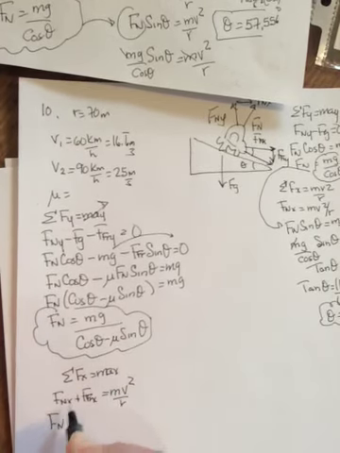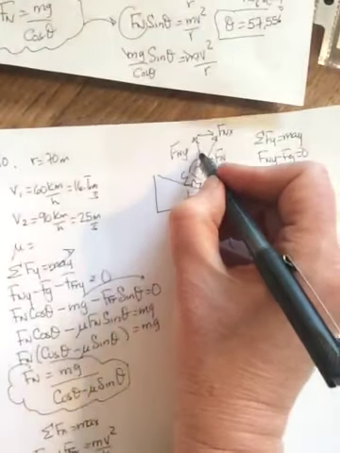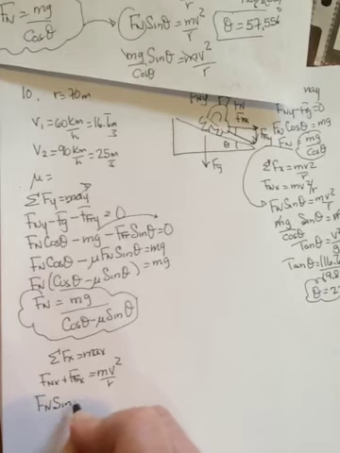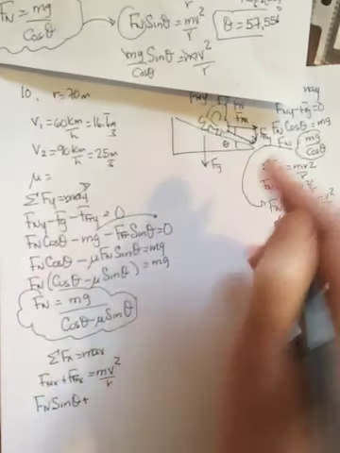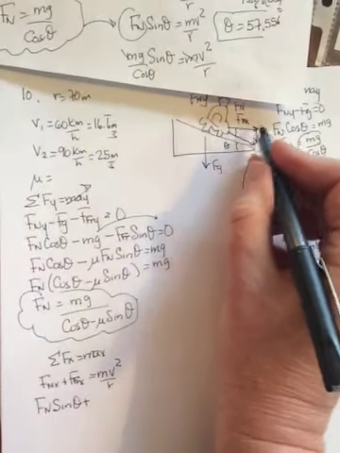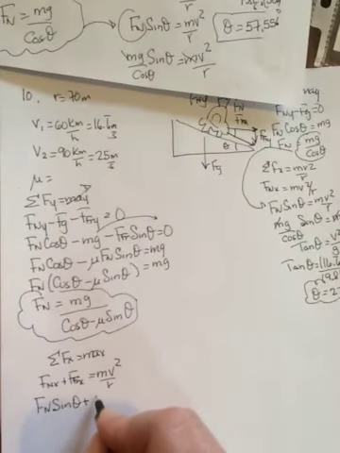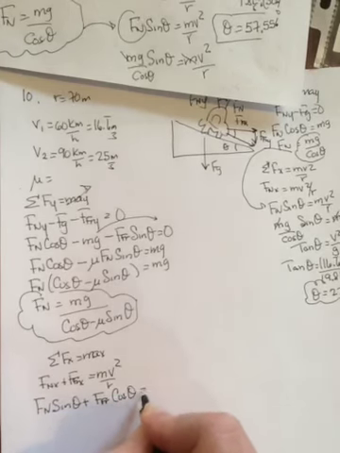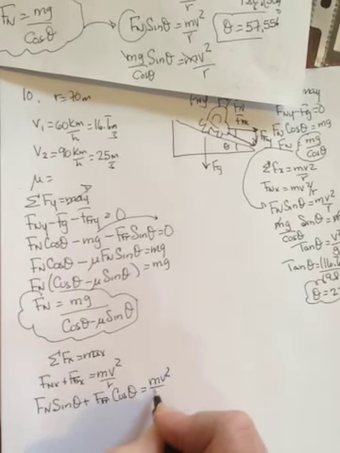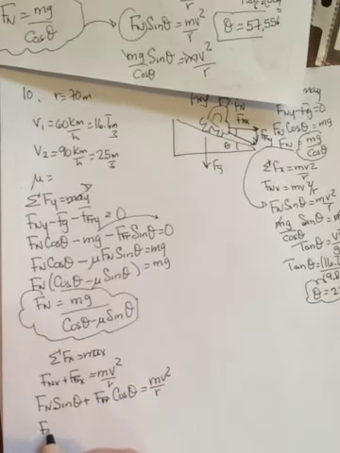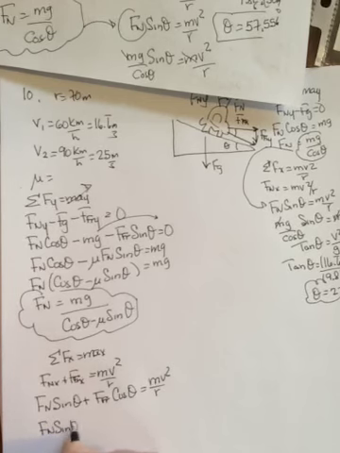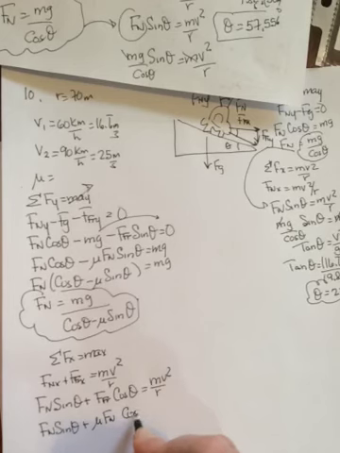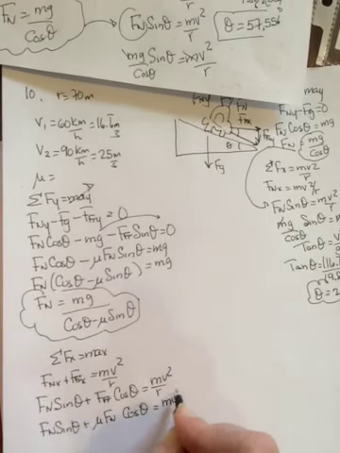So Fn, and the n is the opposite side, so it's going to be Fn sine theta plus friction in the x is the adjacent side, so plus F friction cos theta is equal to mv squared over r. So really this is Fn sine theta plus mu Fn cos theta equals mv squared over r.